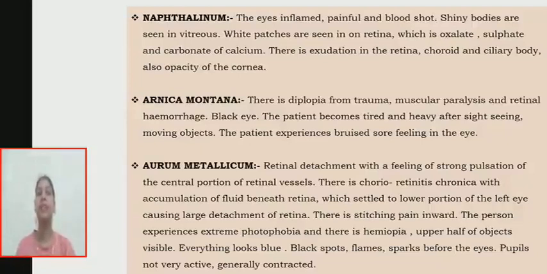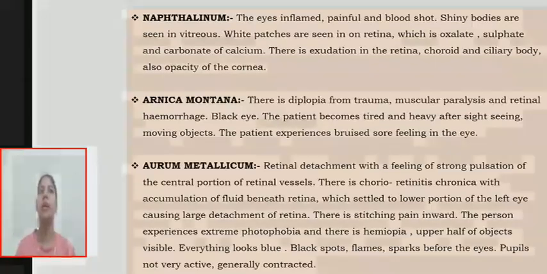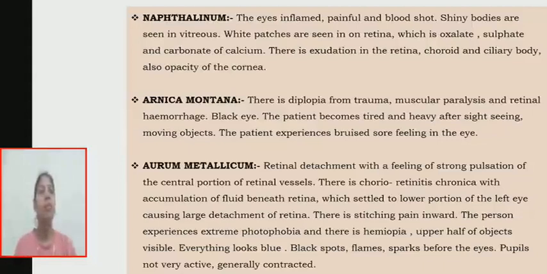There is stinging pain inward. The person experiences extreme photophobia and hemianopia, with the upper half of the object visible. Everything looks blue. Black spots, flames, sparks before the eyes. Pupils not very active, generally contracted.